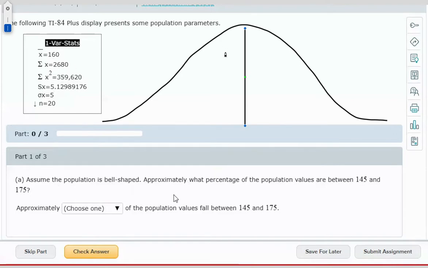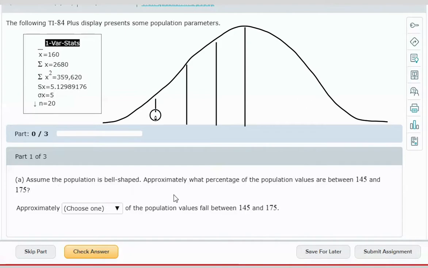Then I want you to draw 3 lines roughly evenly spaced to the left. It does not need to be anywhere near perfect. Mine aren't going to be all that great. Okay, so we've got now the mean in the center, 3 lines to the left. Now draw 3 lines to the right similarly.